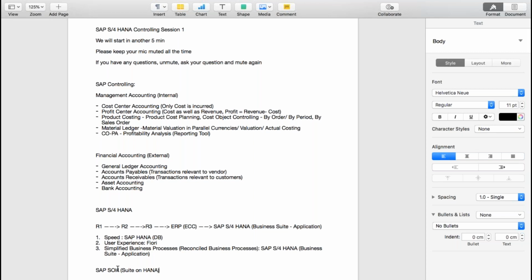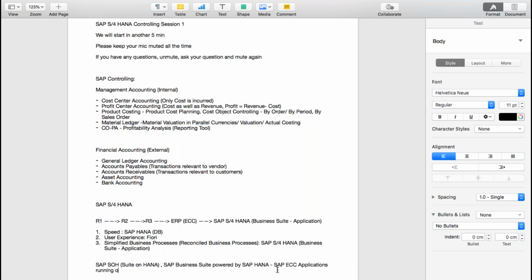Or it can also be called SAP Business Suite powered by SAP HANA. You need to be very clear, these are two different things: SAP Business Suite powered by HANA and SAP SOH are SAP ECC applications running on the HANA database.